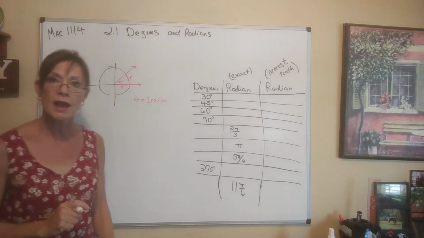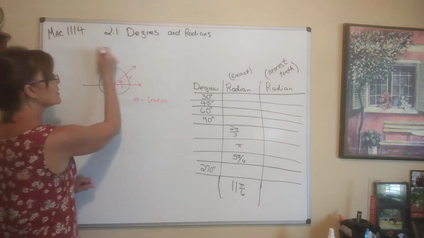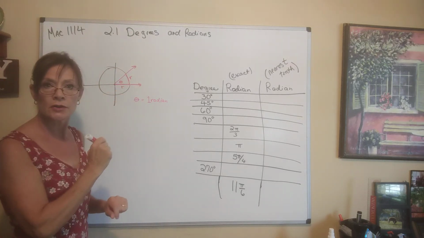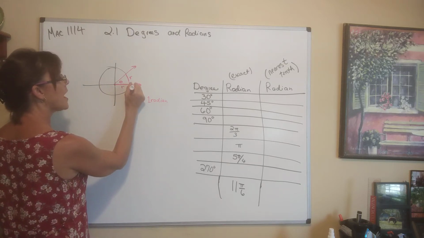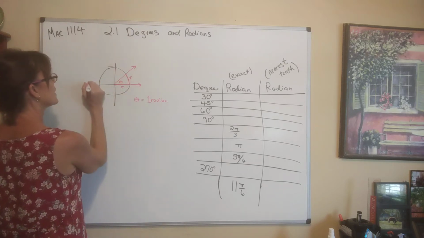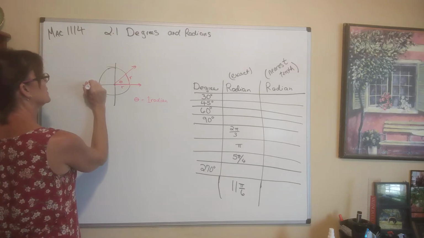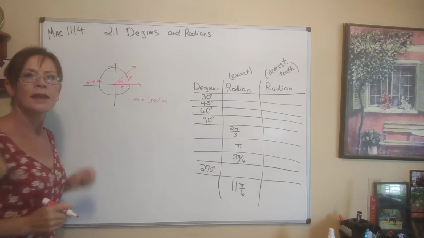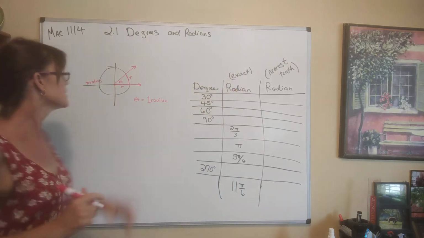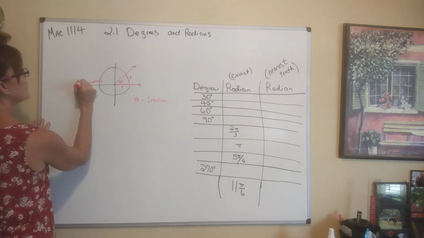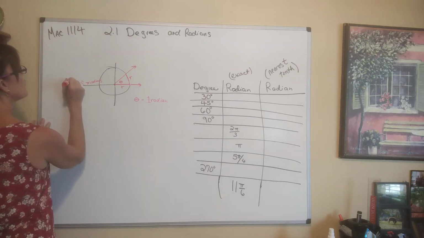And so it turns out that from halfway around the circle, from here to here, is pi radians. And pi is a number. It's 3.14, and it goes on forever. So this is about 3.14 radians.